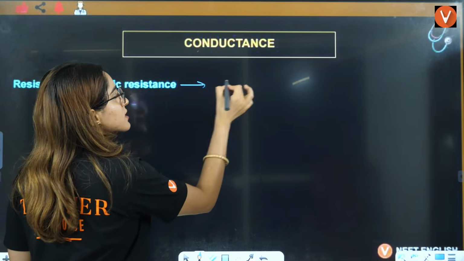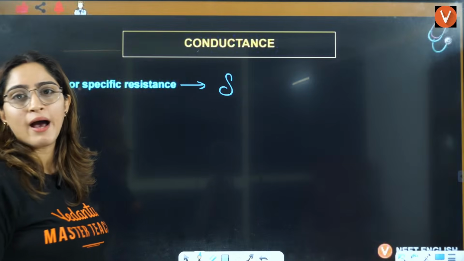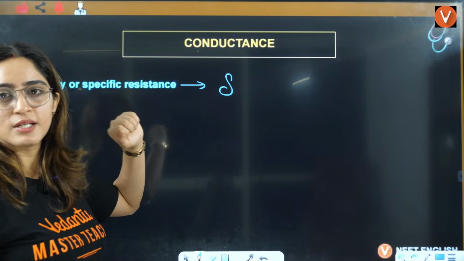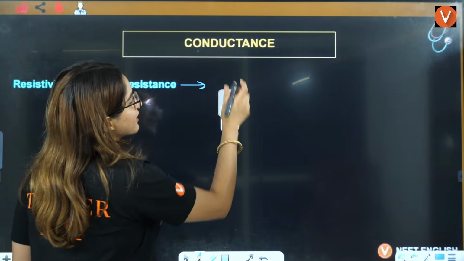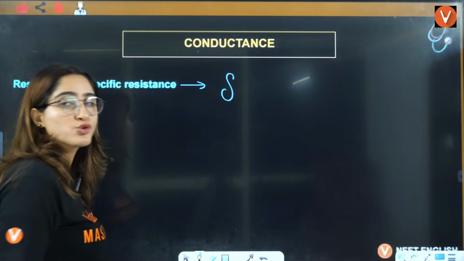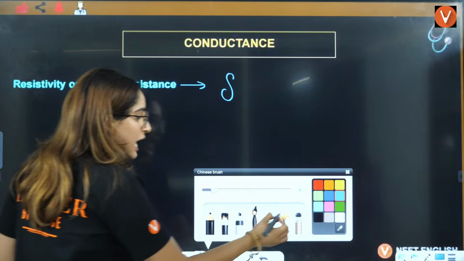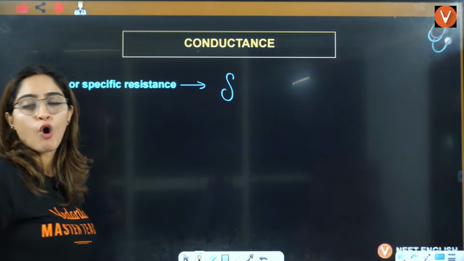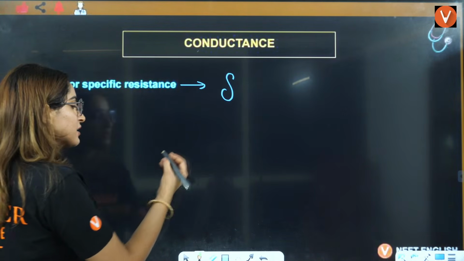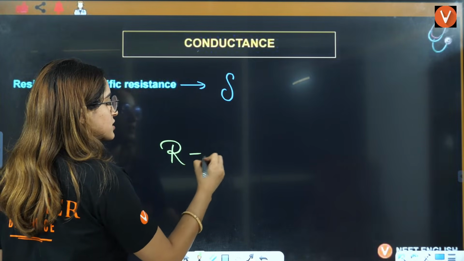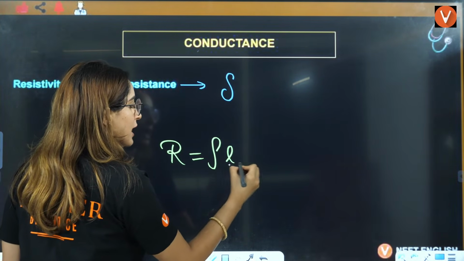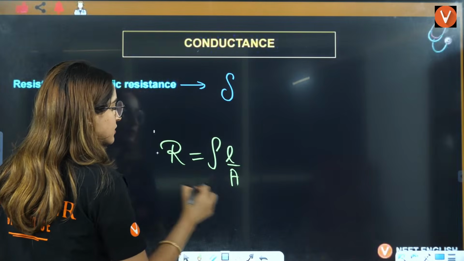Specific resistance is denoted by rho, this snake-like thing. That represents the resistivity. The relation between resistance and resistivity is R equals rho L by A.